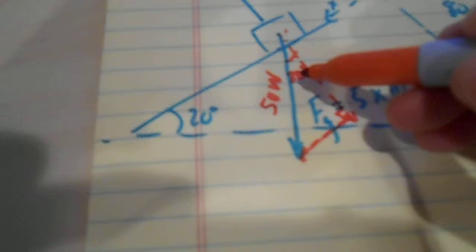I have a minute and a half left on this video. I'm going to try and get this as fast as possible. But you know this hypotenuse is 50 newtons. You know the angle here. So you can solve for the force of gravity in the x direction and in the y direction.